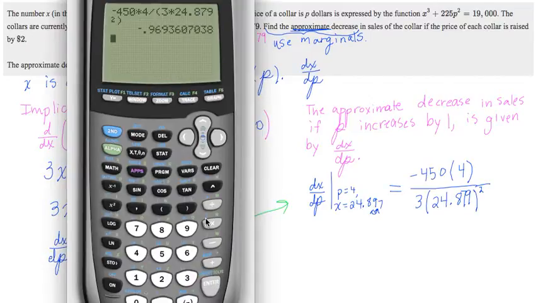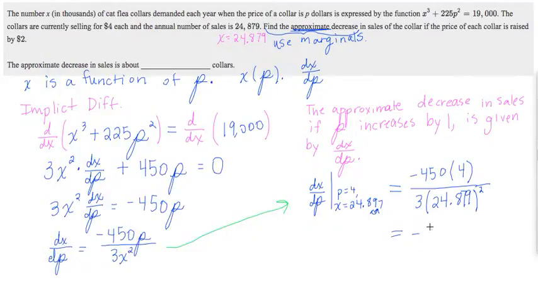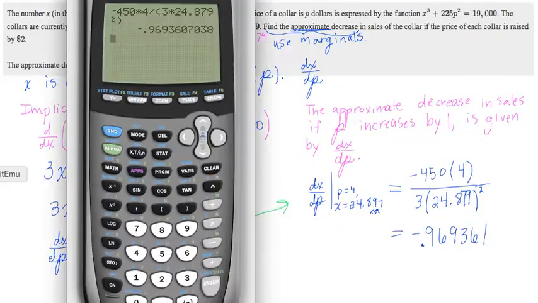Let's carry this out in multiple decimals: negative 0.969361. Let me double check that I wrote that correctly. Yes, okay. Now that's in thousands.